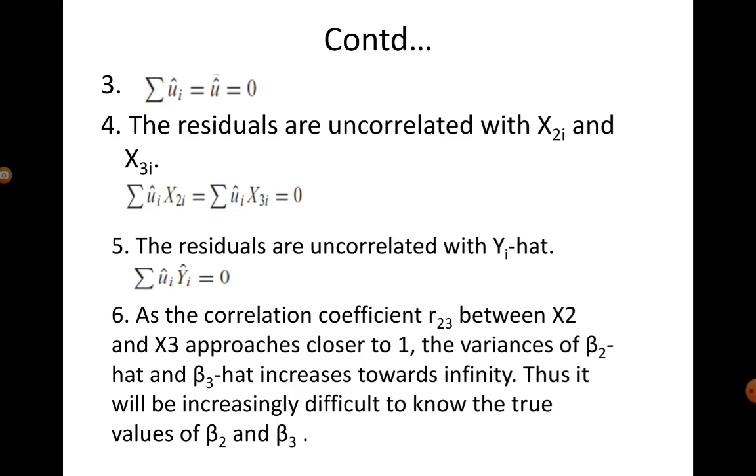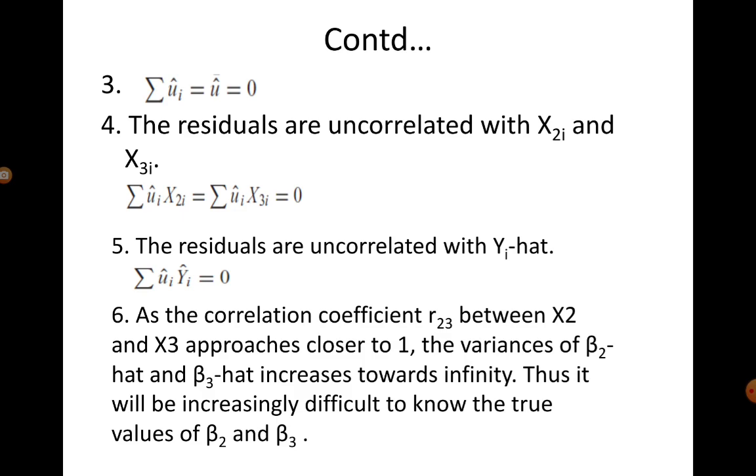Now remember, we are concerned with variances of these estimators because the reliability of the estimator is measured by the standard error. Standard error is nothing but the square root of the variance. So if your variance is approaching infinity, the standard error will also be very large, which means the reliability of the estimator will be very, very less.